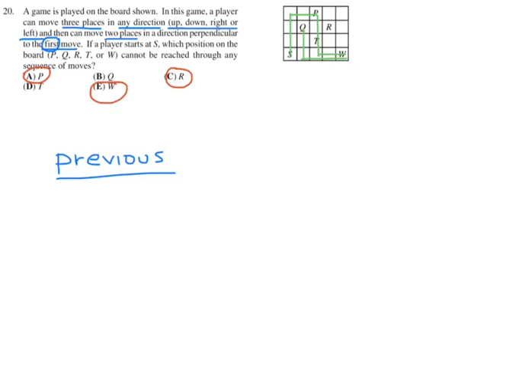But I'm not perpendicular to the first move, I'm parallel to the first move. So I really think that this word right here, first, should be previous. Otherwise, I really don't know how to get to Q. But in any case, T is the one that you cannot reach. So the answer is D.